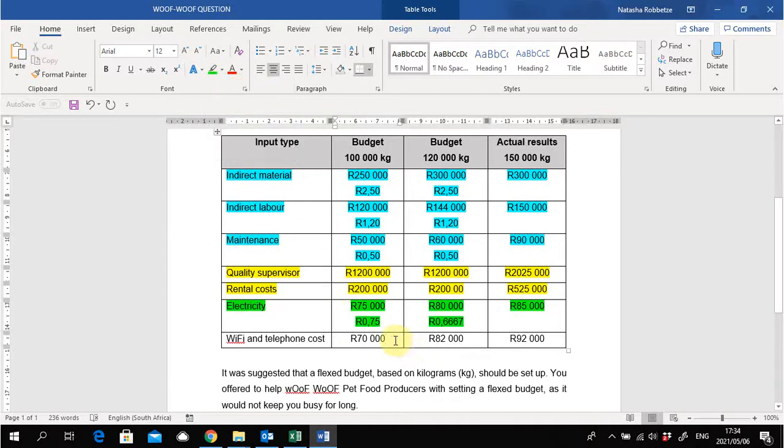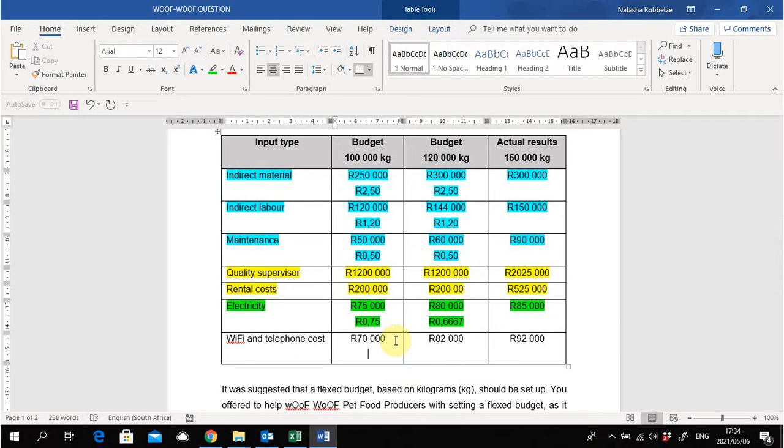For the telephone cost and the Wi-Fi cost, I'm going to repeat this calculation, take the rand value, divide it by the 100,000 kilograms, which is our cost driver, and that should give you 70 cents.